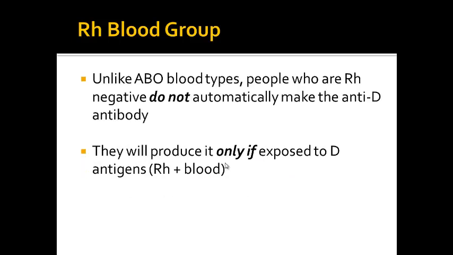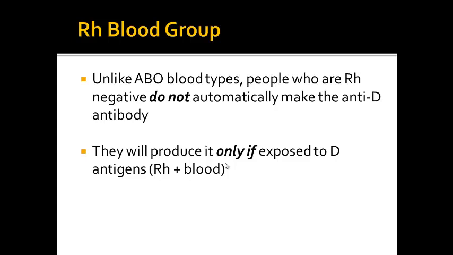And so the deal with RH negative people is that you don't make the anti-D unless you've been exposed to antigen D. Again, this is just an immune response. So if you've been exposed to antigen D, your body's going to start creating that antibody, thinking that it needs to defend itself against the antigen D.